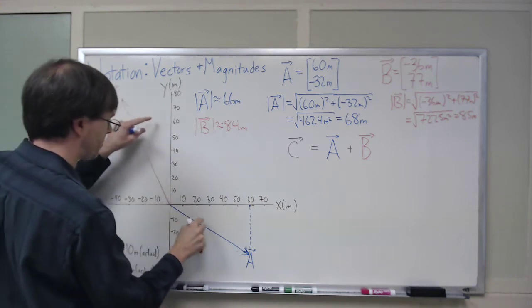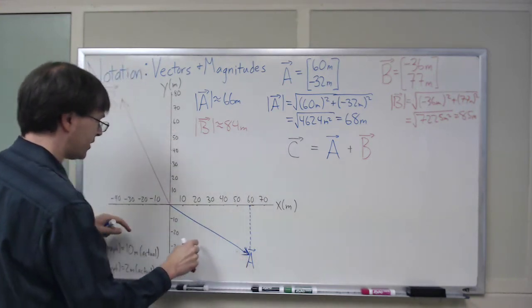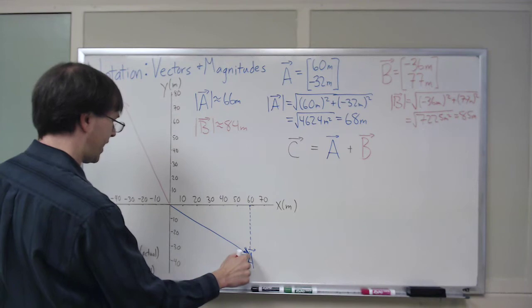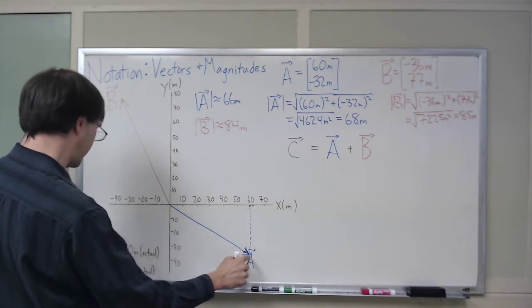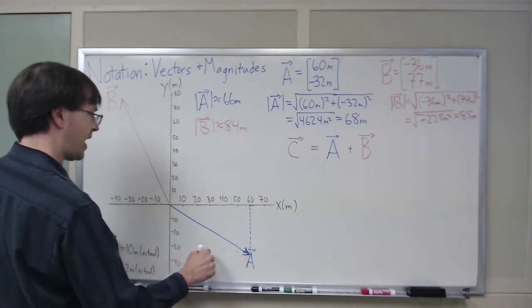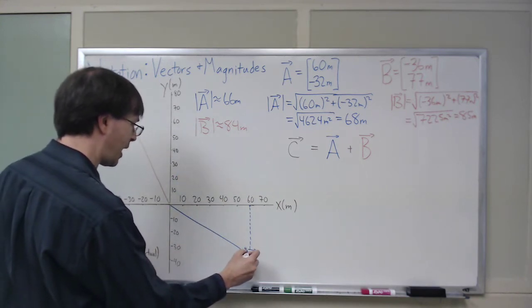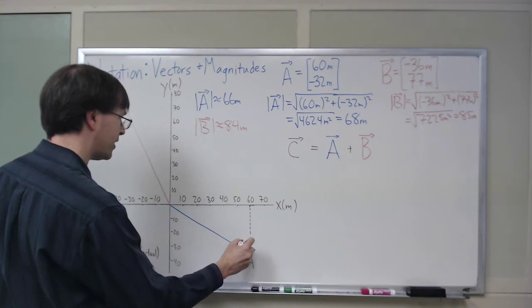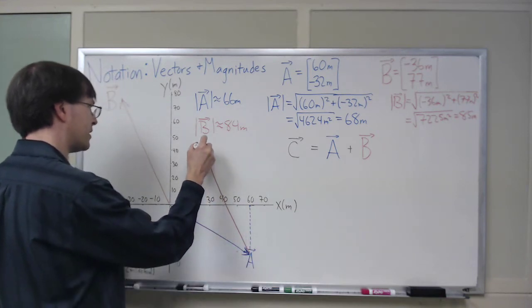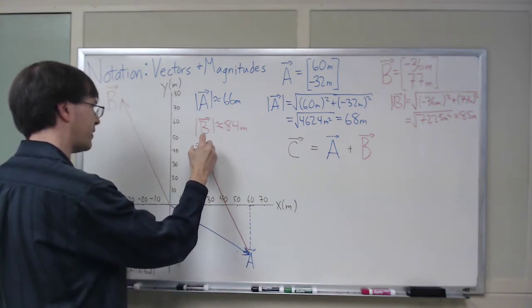I'm going to slide a copy of vector B over to here. That means it's going to go from here, and it's going to go to the left 36 meters and up 77 meters. And if I put a copy of vector B tip to tail here, it's going to take me to this point right here.